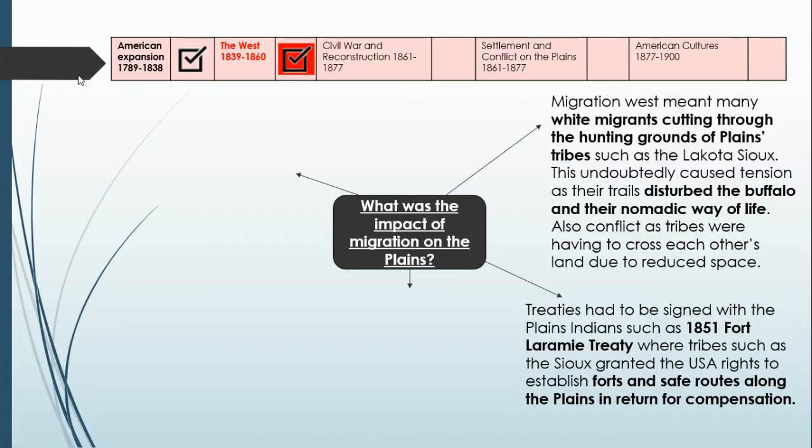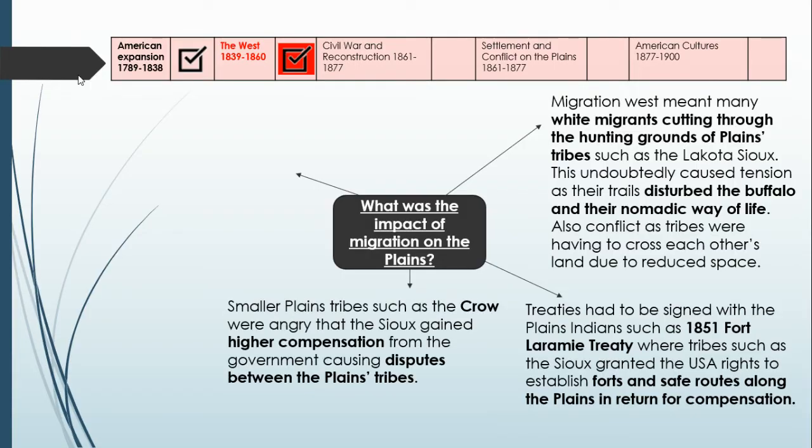So, at this point, the government were trying to make treaties that were agreeable to the Plains Indians in the hope that there wouldn't be as much violence and fighting between white Americans and natives. We then had smaller Plains tribes such as the Crow, who were angry with bigger Plains tribes such as the Sioux because the bigger tribes gained higher compensation from the government. So this was almost clever from the government.